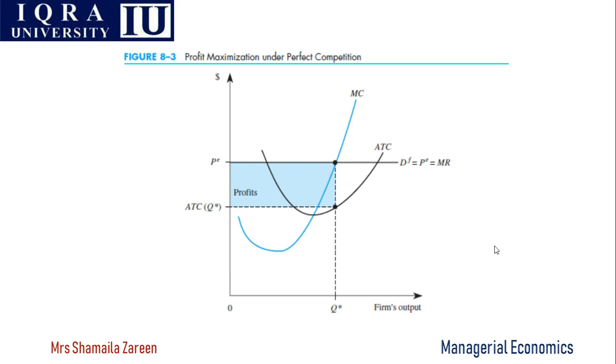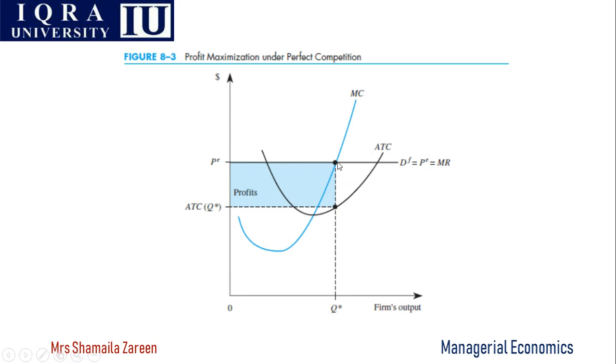And this is important to draw the line from the equilibrium condition, that is marginal cost is equal to marginal revenue. That is the average cost curve, U shaped, and this is the marginal cost curve that is showing the equilibrium condition.